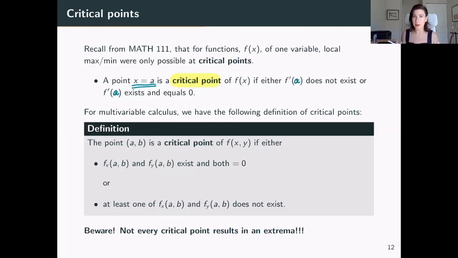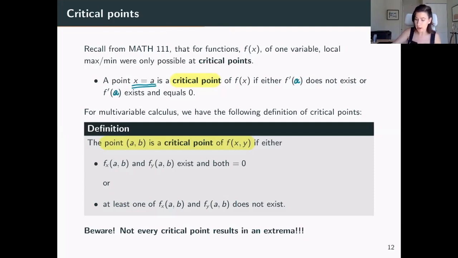So we need to now define this for multivariable functions. And the definition is almost the same, except for one small subtlety. We say that a point (a, b) is a critical point of a multivariable function f of x, y, if both partial derivatives are 0.